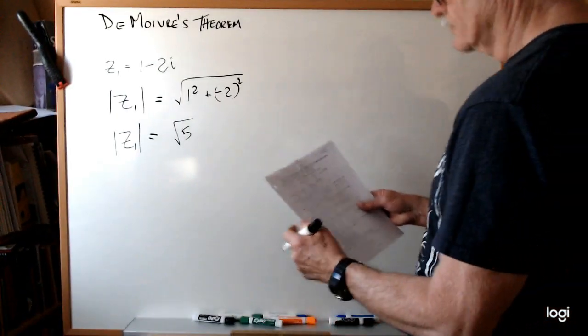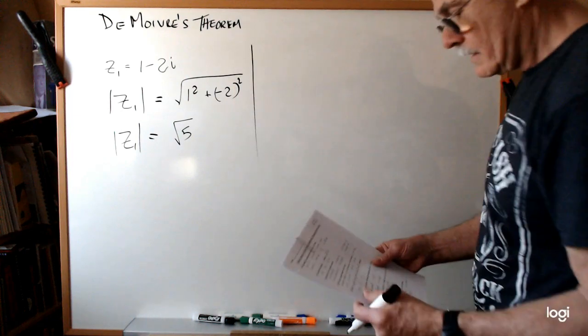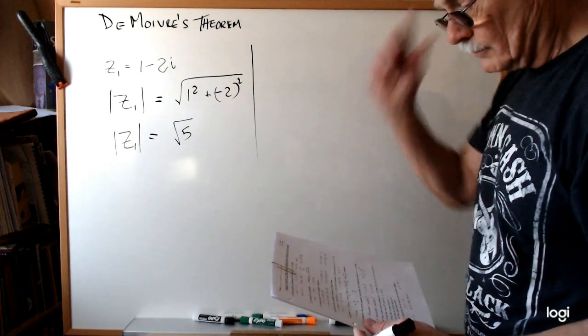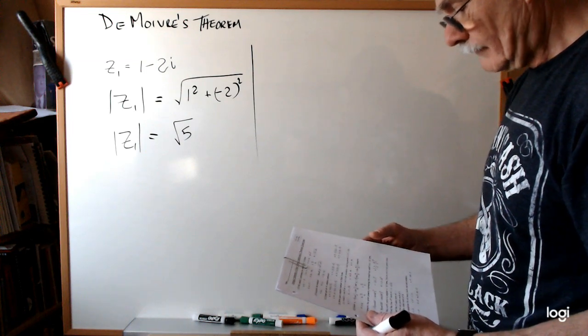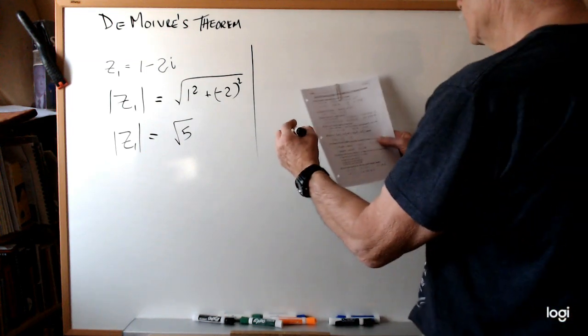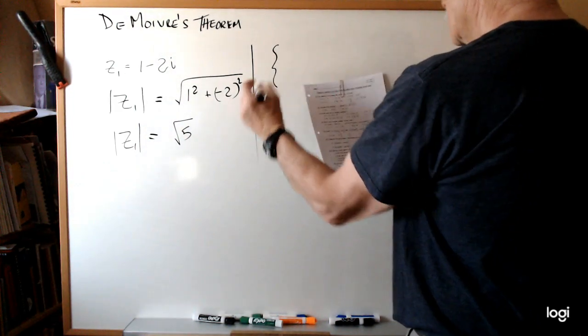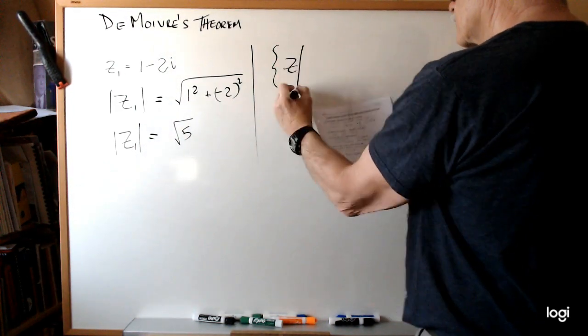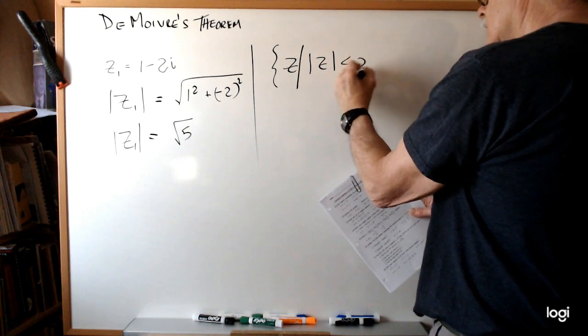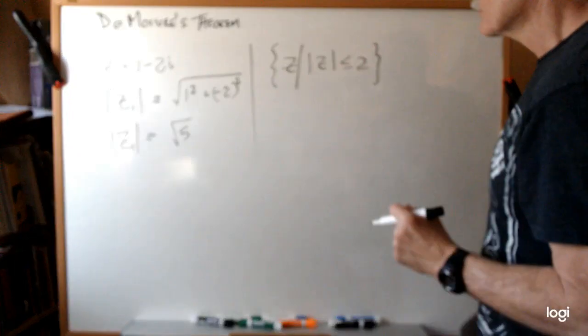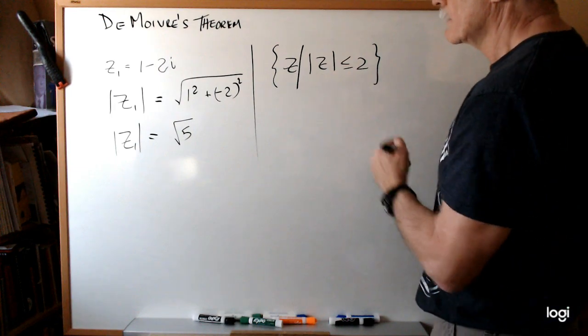All right, if we go on to question 3 in that problem set, they asked us to do a little bit of graphing. So let's try D, which says make a sketch of this. This type of notation is called set builder notation.